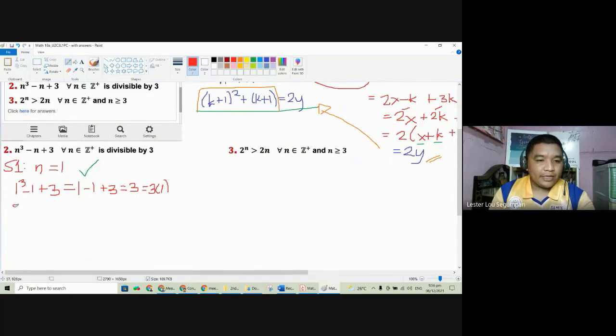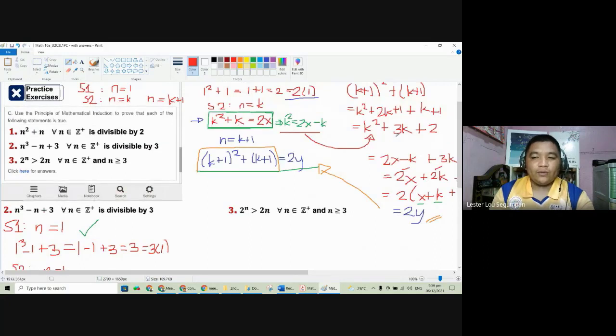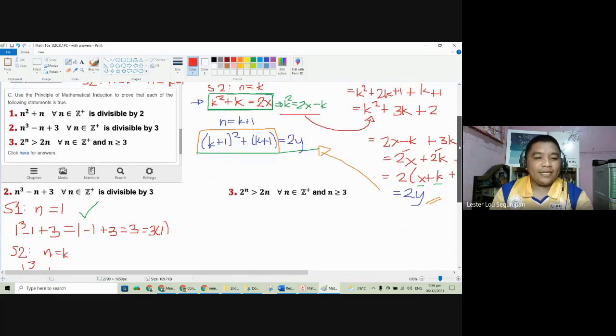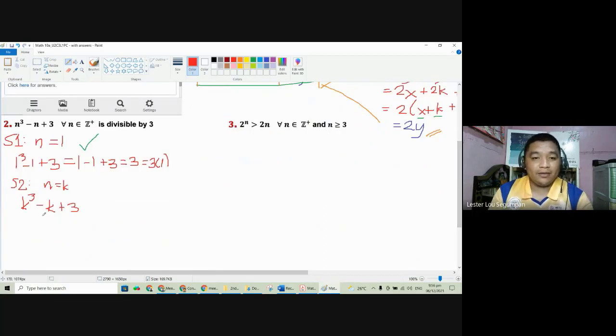Step 2 is when we assign n as k. So instead of this expression, you will have k cubed, sorry, that's k cubed minus k plus 3. Similar to step 1, we need to make an expression to describe that this expression is really divisible by 3.